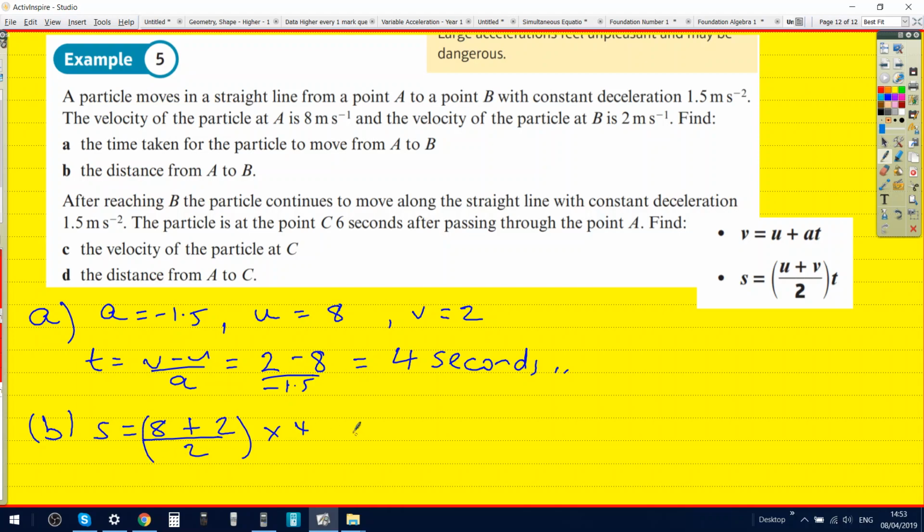And part C. So V equals U plus AT. We'll be trying to find V, so 8 plus minus 1.5 times 4.